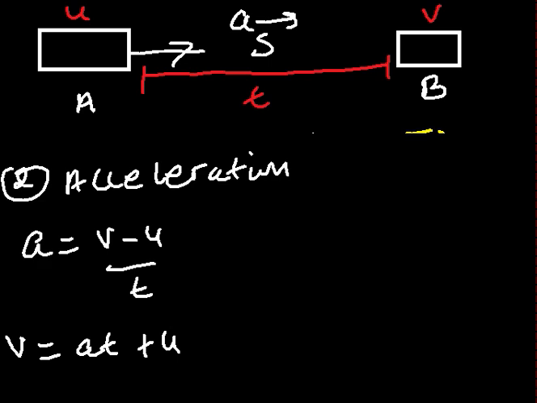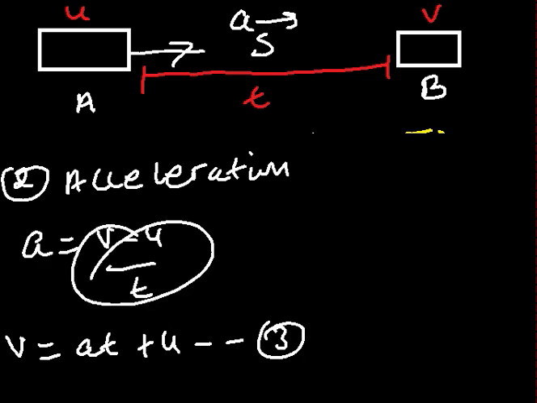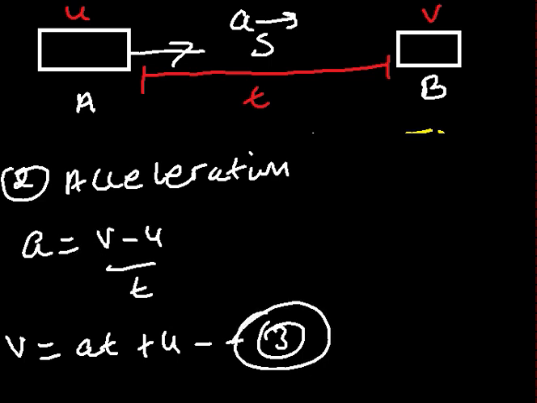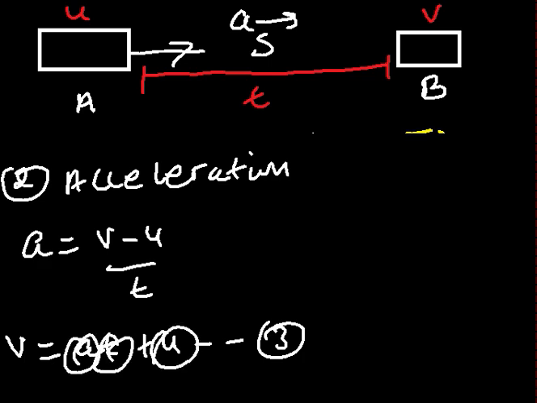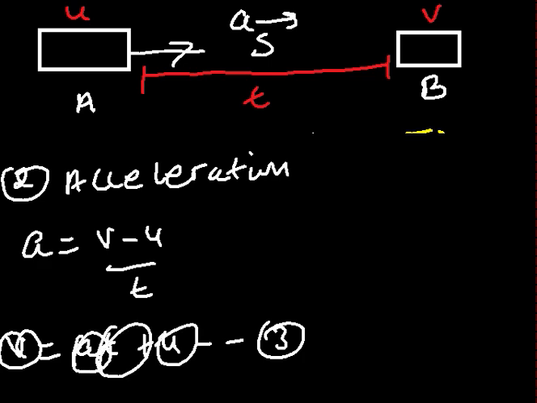This is equation number 3, obtained upon making the final velocity the subject of the acceleration formula. So keep this in mind. Which means if we have the acceleration, time taken, as well as the initial velocity, we can have the final velocity. Likewise, if we have the final velocity, acceleration and initial velocity, we can have the time. So take note of that.